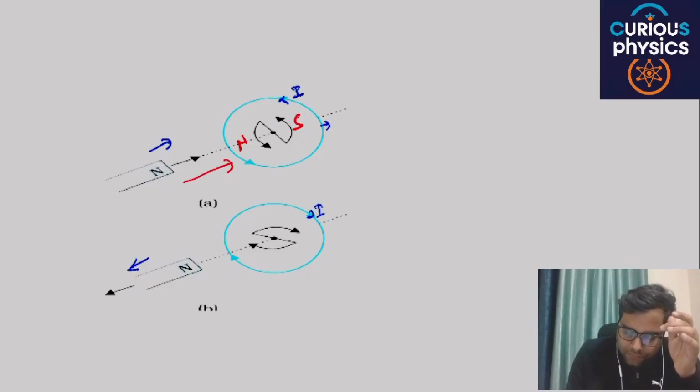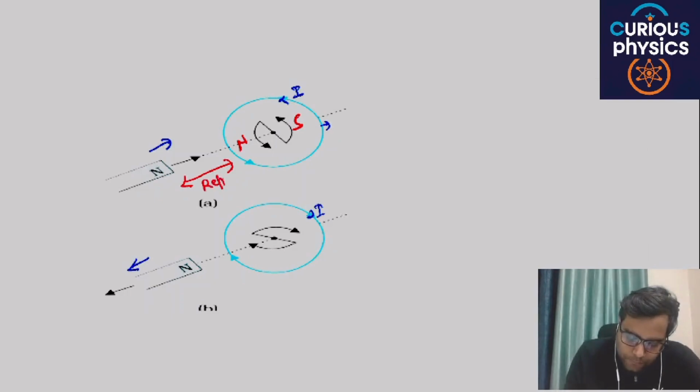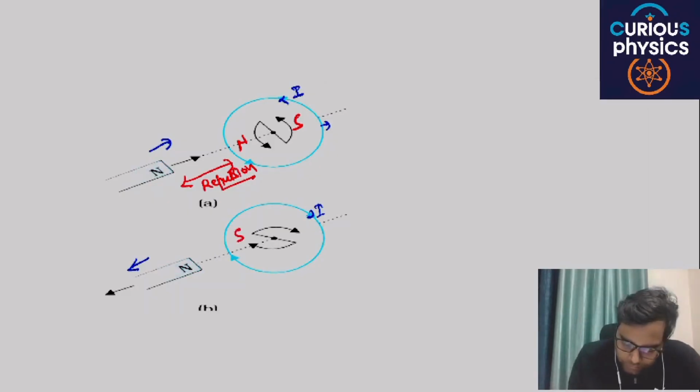Then if this magnet tries to come toward this loop, there will actually be a force of repulsion, because same poles repel each other and opposite poles attract each other. In the second case, if the magnet is moving away, then here will be south and here will be north, so there will be a force of attraction.